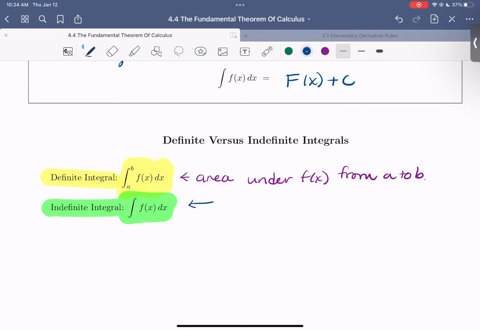So this indefinite integral represents the most general antiderivative of little f. A couple other points here: this definite integral is going to be a number.